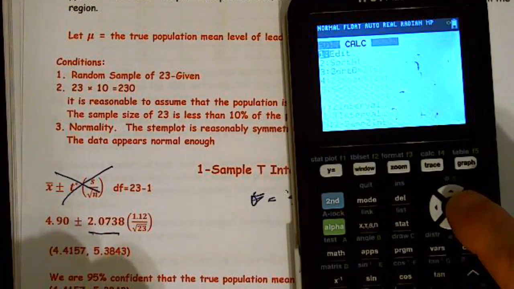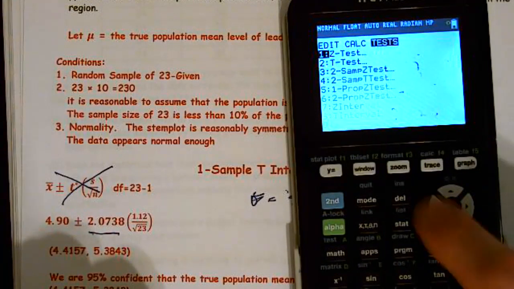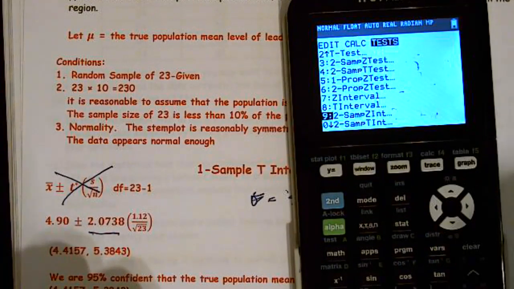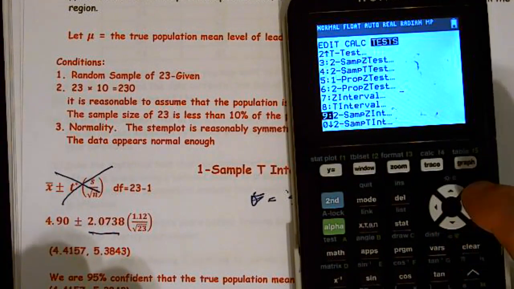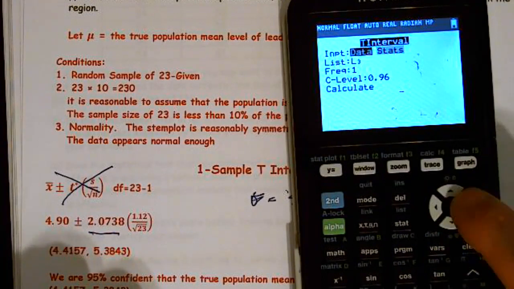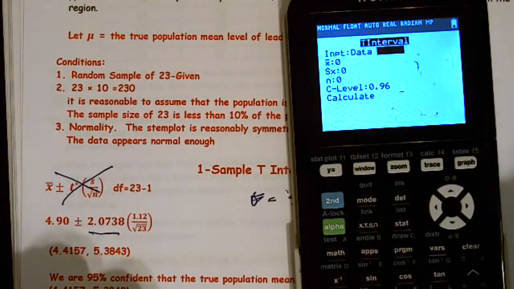So I go stat, tests, and I'm going to drop down to 8, t interval. And I have statistics, so I need to plug those in. The x bar was 4.9.